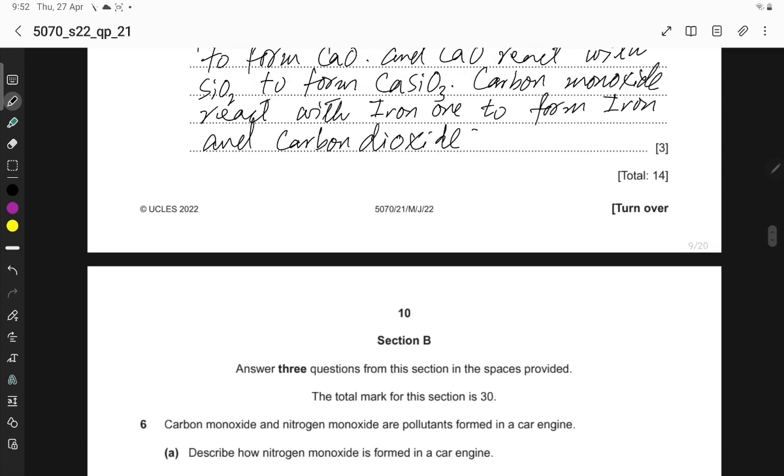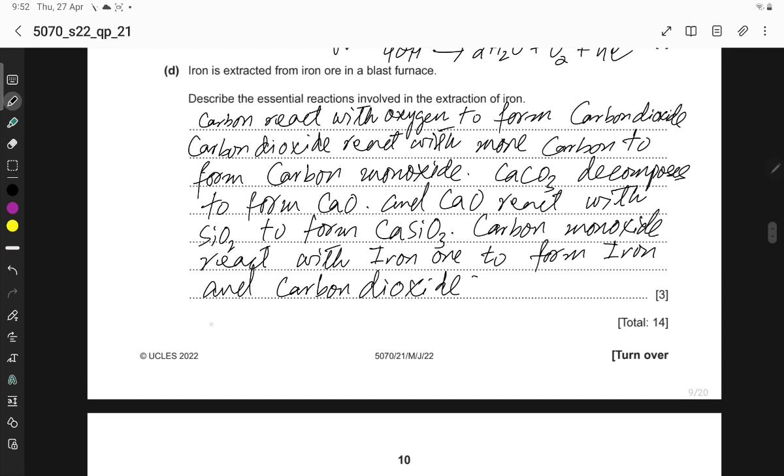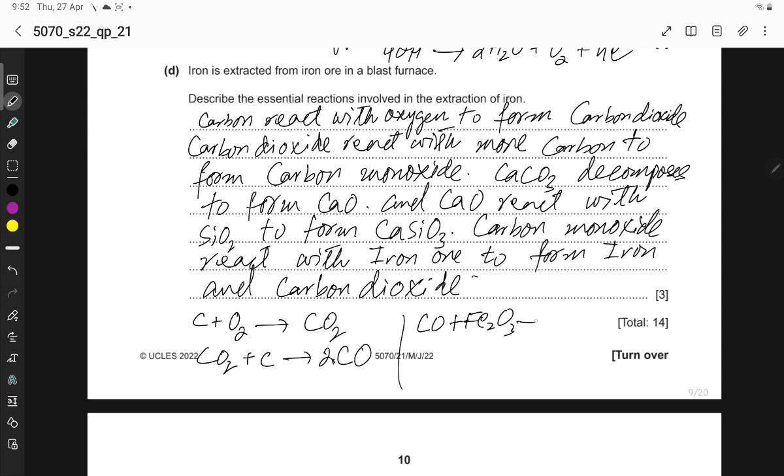So these are the reactions over here. For example, C plus O2 to form CO2. CO2 reacts with more carbon to form carbon monoxide, and carbon monoxide reacts with iron ore to form iron and carbon dioxide.